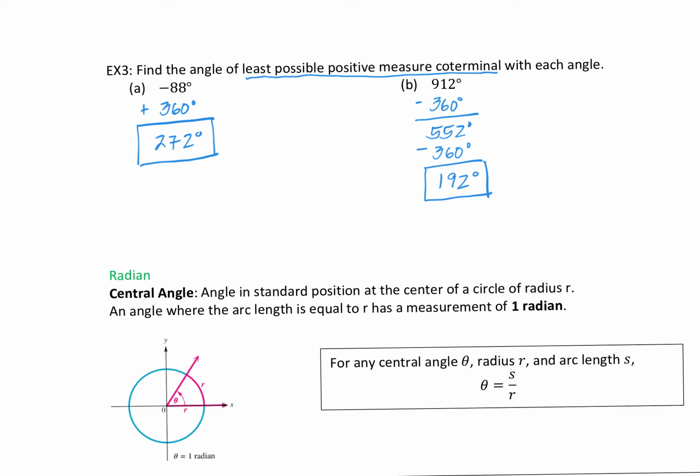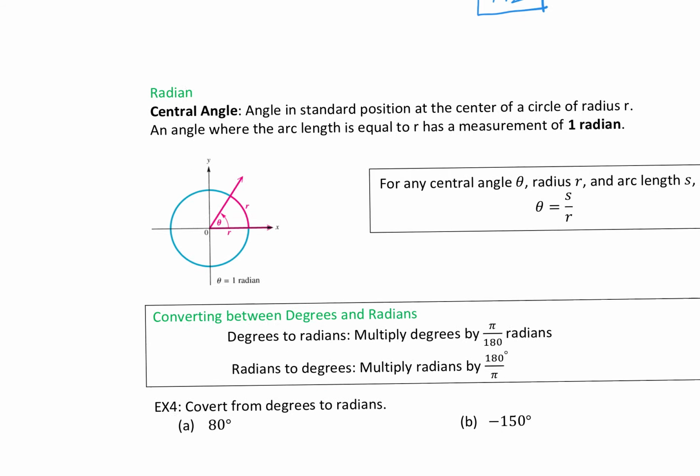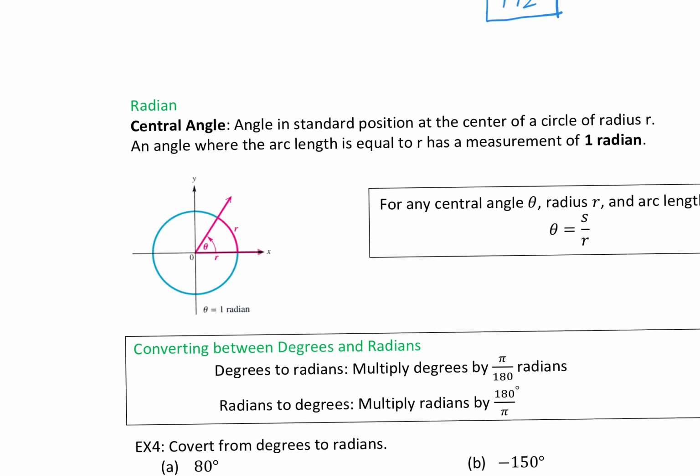Same with degrees. Degrees are a special unit that we can picture, but we don't use them when we're looking at formulas. What we use is what we call a radian measure. When we say radian, it refers to the measure of an angle. So here, this is an angle measure.